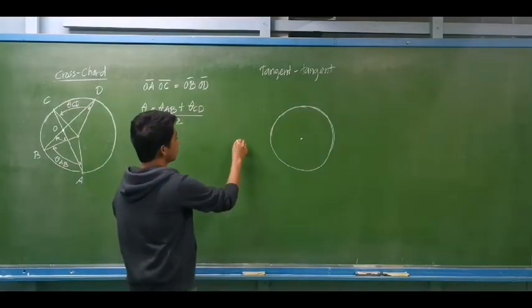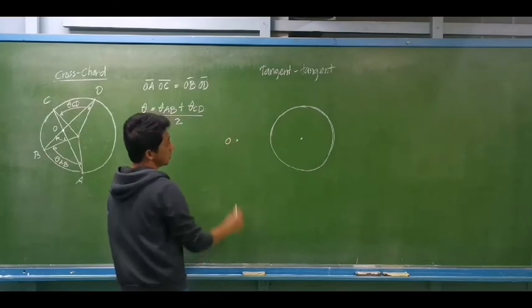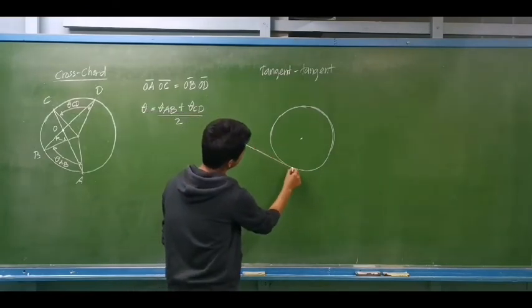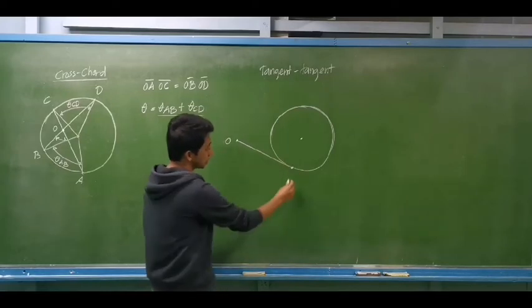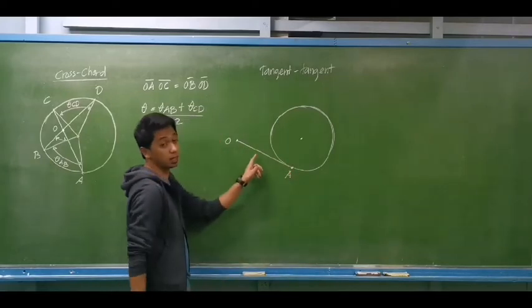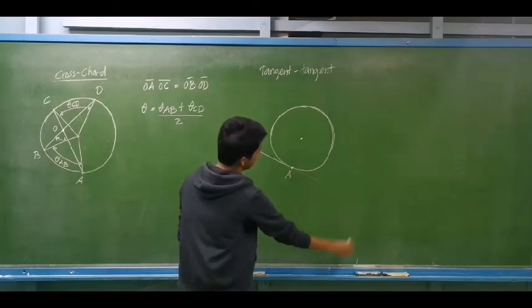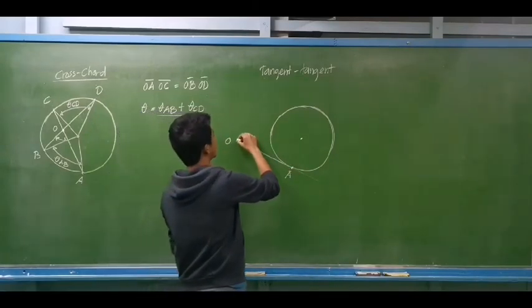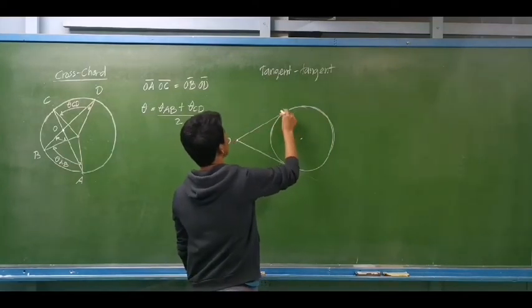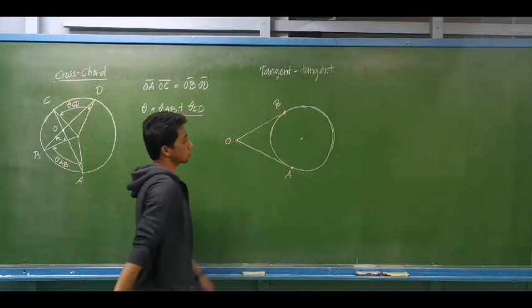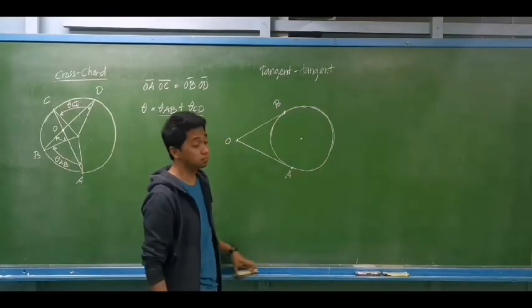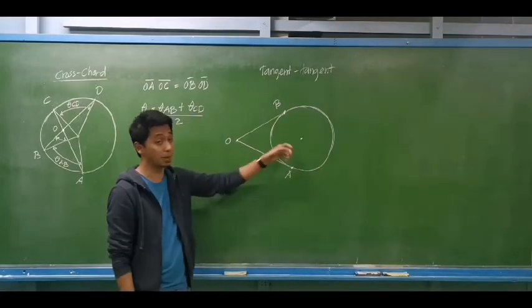For example, meron tayong point dito sa labas ng circle, let's say, point O. Kung gagawa tayo ng line that will intersect the circle at exactly one point, let's say this is at A, this is called a tangent line. Kung gagawa naman tayo ng isa pang tangent line sa kabila, let's say this is point B. So, tangent, it will intersect the circle at exactly one point. Basically, parang outside lang, hindi siya papasok.